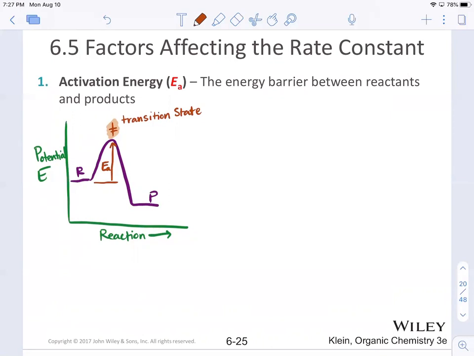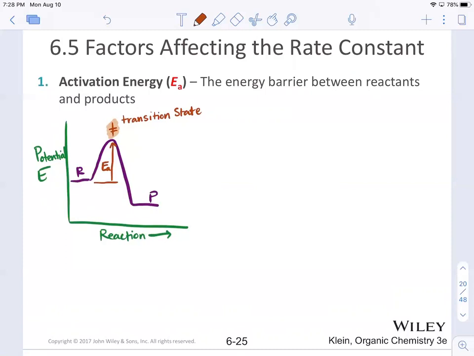So when two molecules collide in a reaction, two reactants come together and smush. They need to have enough energy to get over this hill in order to make products. So you can think about this purple line as really a pathway of how the reactants are forming products.